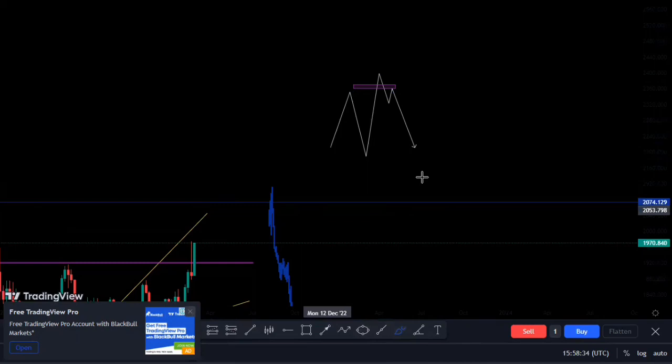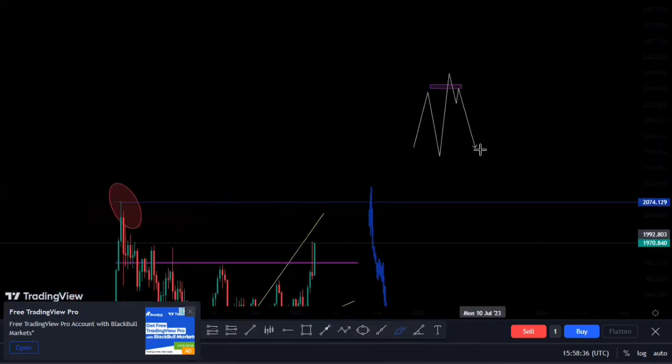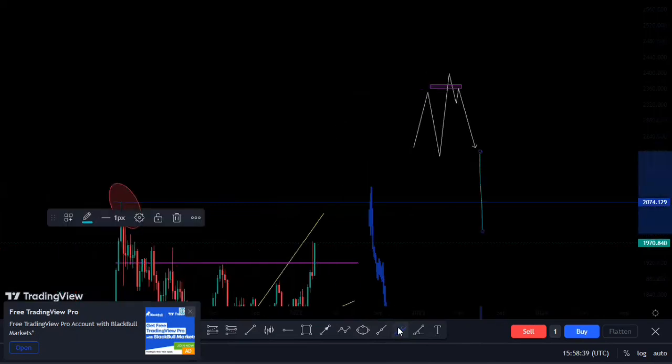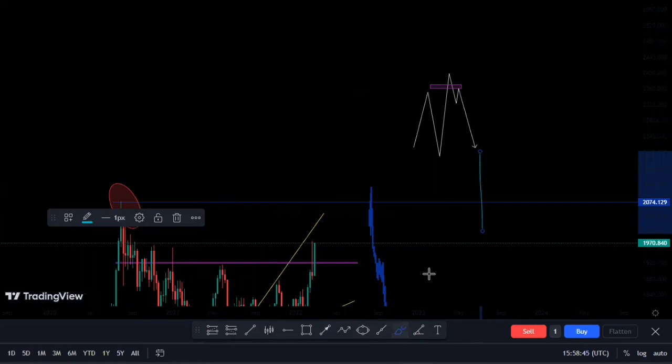From all the tools that I showed you guys, we use them from our daily chart down to either the 1 hour chart or the 15 minutes time frame.